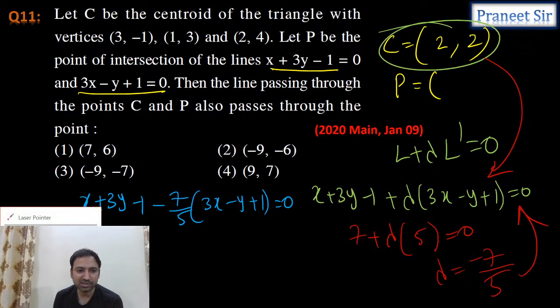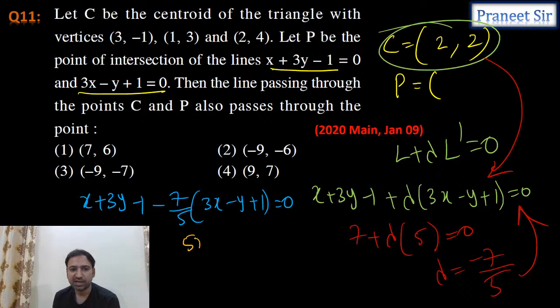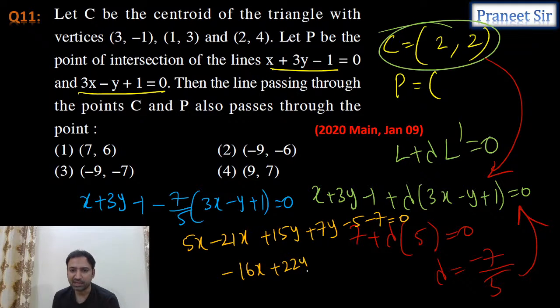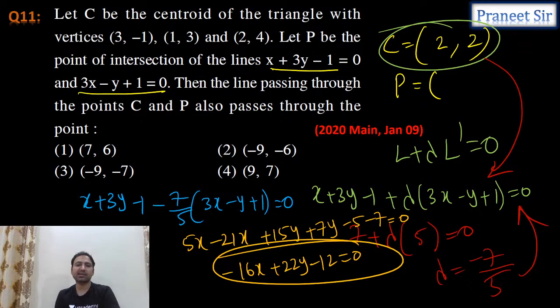If I solve this equation, what do I get? 5x minus 21x plus 15y plus 7y minus 5 minus 7 equals 0. Let me simplify this. This is minus 16x plus 22y minus 12 equals 0. Yes, I calculated the required equation.